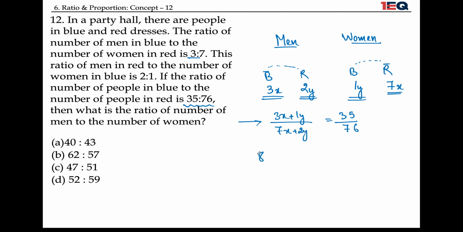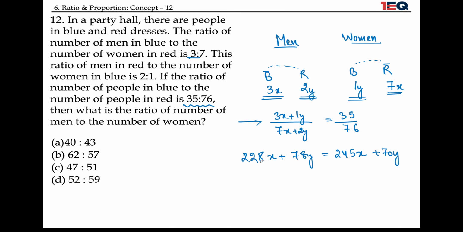76 threes are 3 sixes are 18, 3 sevens are 21, 228x plus 78y is equal to 35 sevens are 7 sevens are 49, 49 fives are 245. So 245x plus 70y.